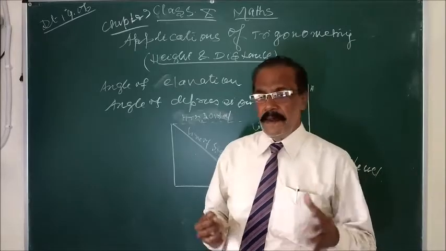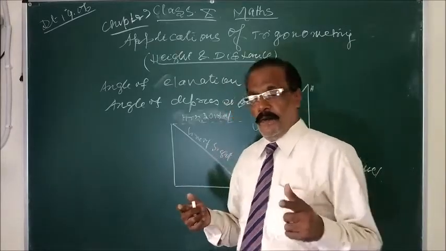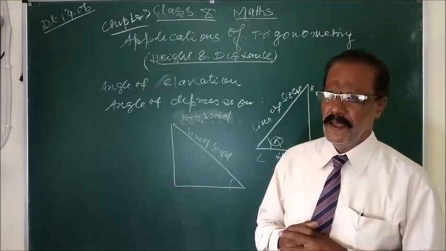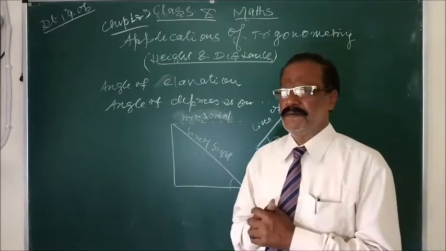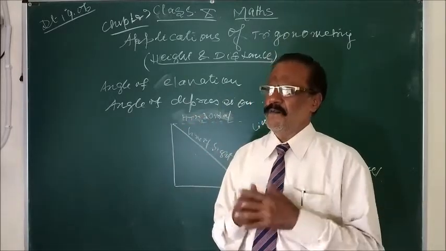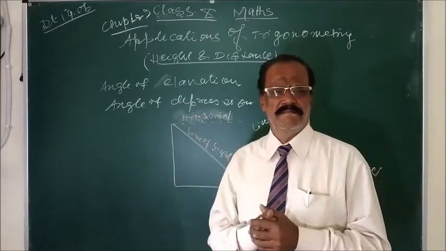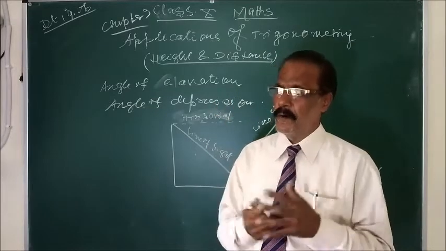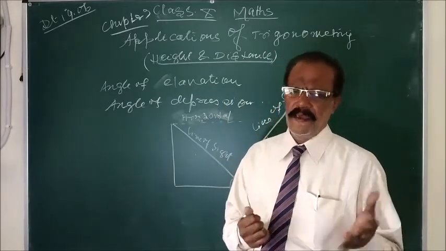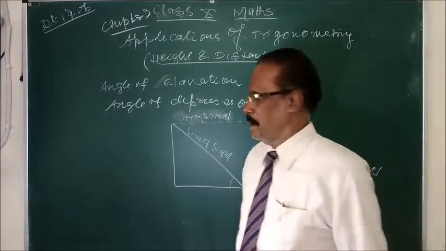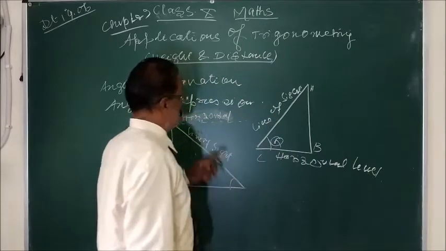Trigonometry, as I have told you, is a very important branch of mathematics. It is used to find the height of any tall object, suppose a tower or pole or any high object, without actual measurement by the use of trigonometry.